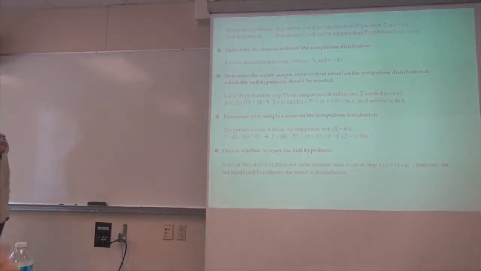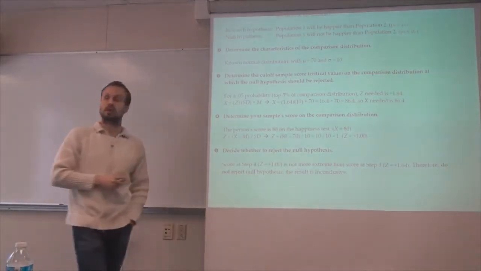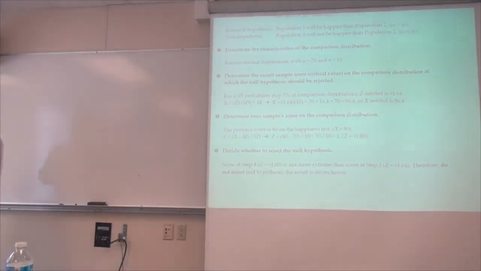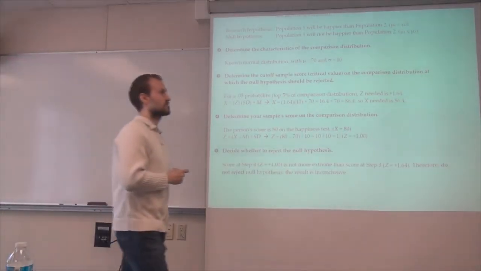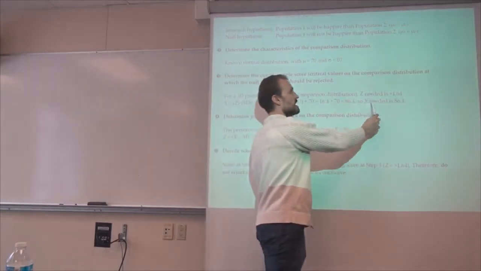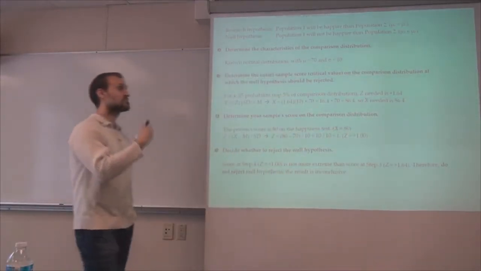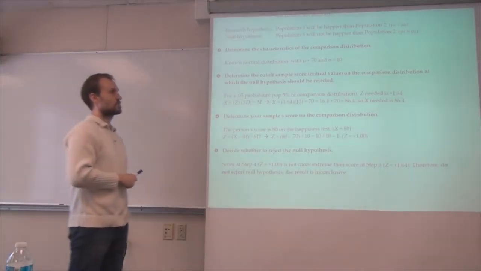In order for me to say there is evidence that those people are significantly happier, I would have to get to a Z value of 1.64. It has to be within this 5%. In other words, I have to see a happiness score of 86.4 or above.